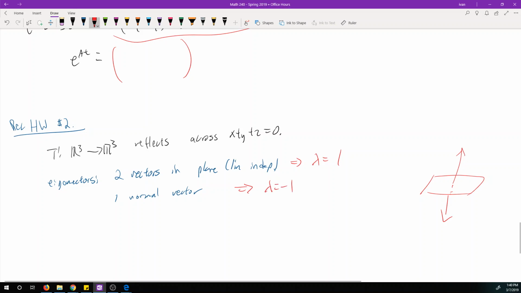So if you want to find the map with respect to the eigenvectors, then remember, when you diagonalize a matrix, A is equal to S D S inverse.